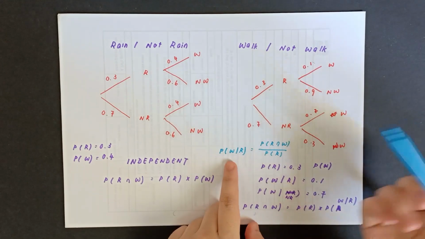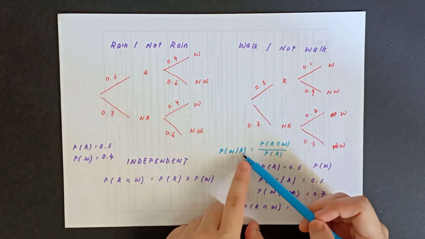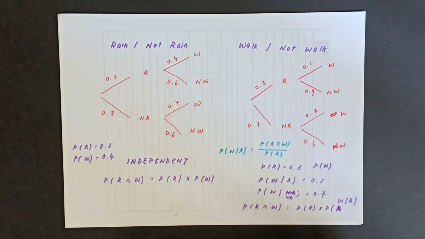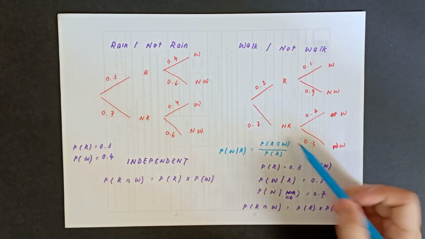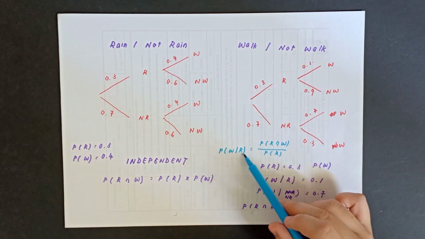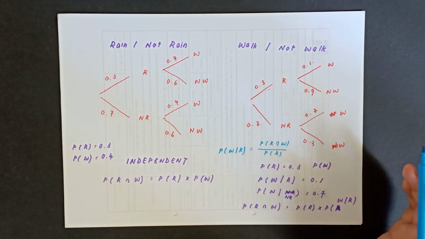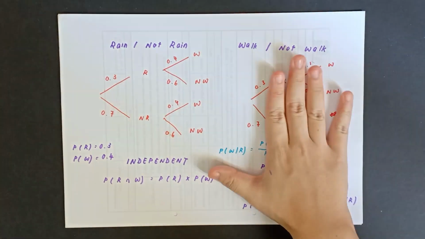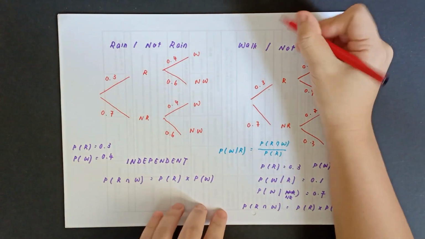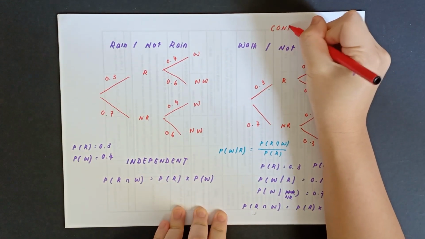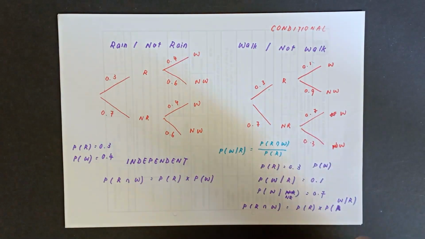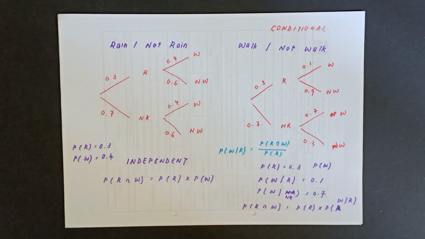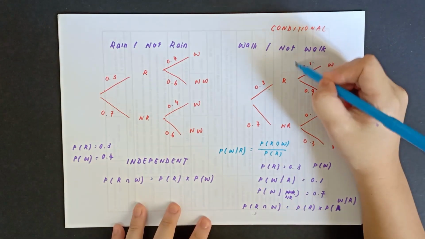Normally you will write W intersect R, but isn't it the same thing whether W intersect R or R intersect W? Then you divide by the probability of the given part. So this is basically called conditional. But of course, I'm not talking about the whole process that you are doing. I'm talking about actually this part.